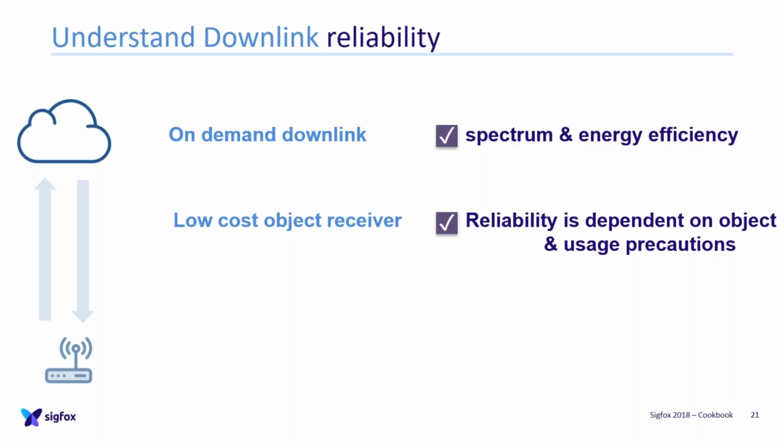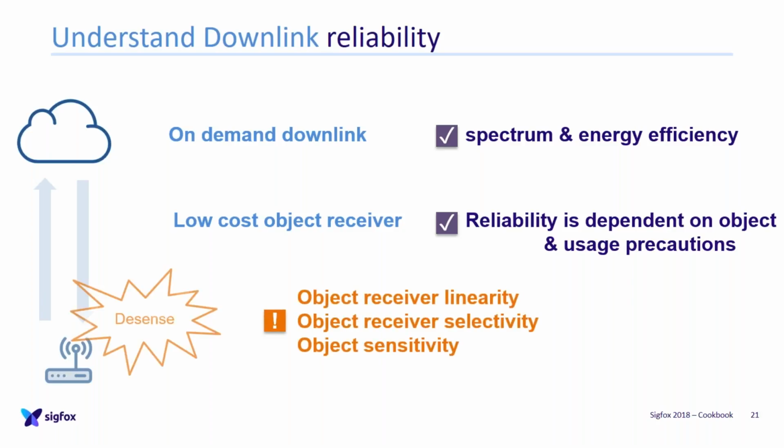So, because the communication reliability is a parameter of the receiver, the reliability of your perception of the downlink service depends on your own design of your device receiver. So what can happen, in fact?